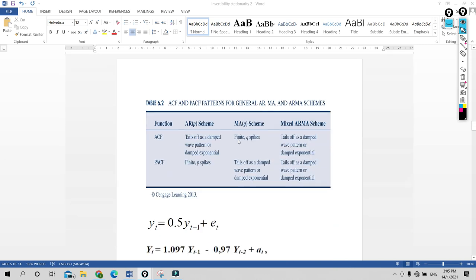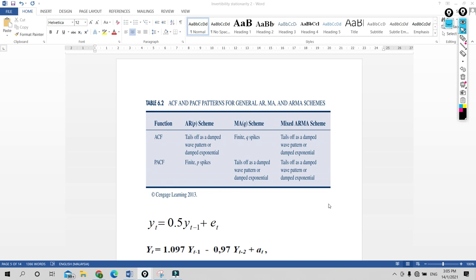Okay. Now the next part is one we have discussed already. When you have the data, you can decide whether your time series is an AR model, MA model, or ARMA model by looking at the ACF and PACF functions.